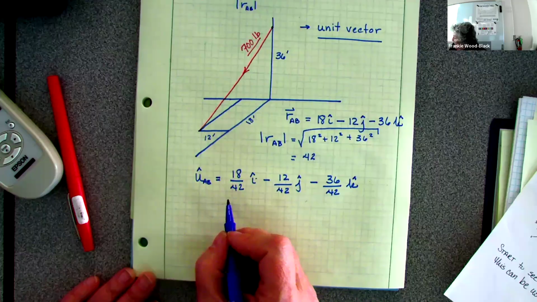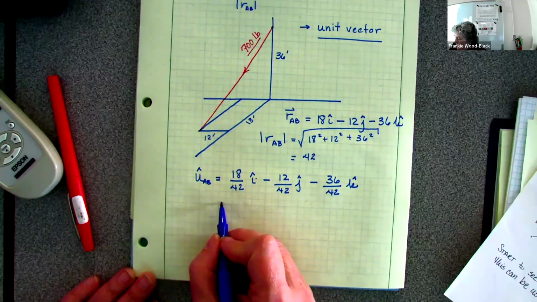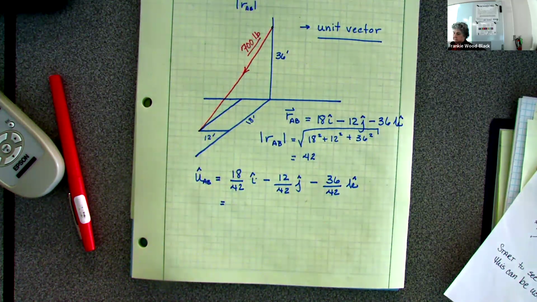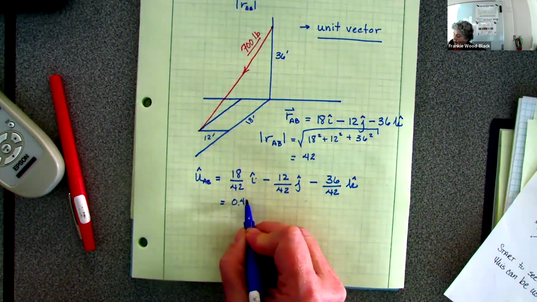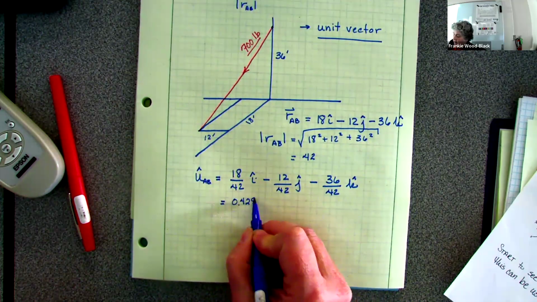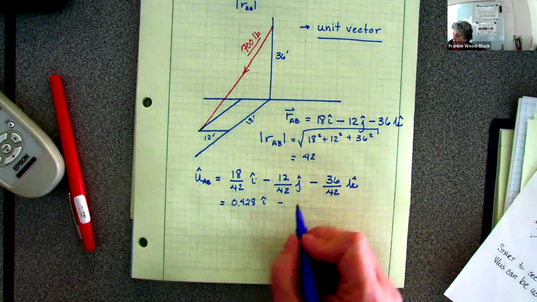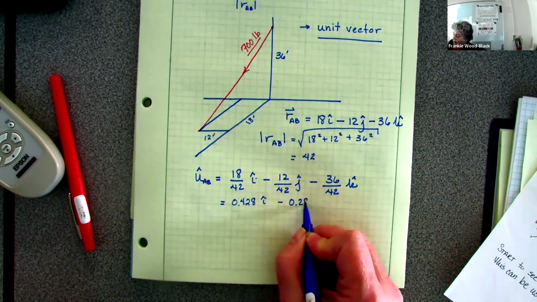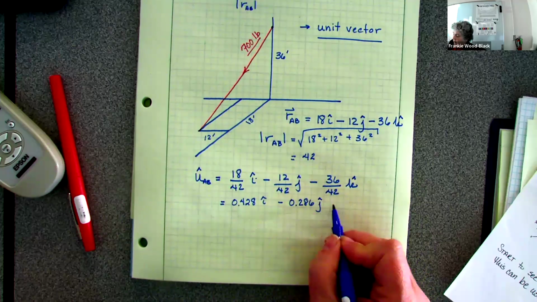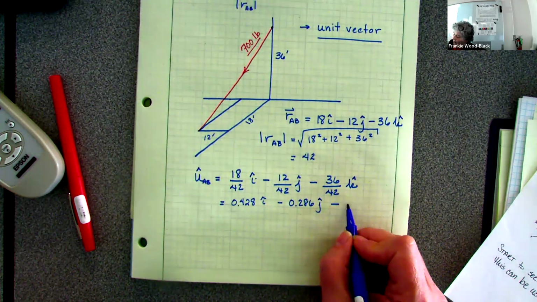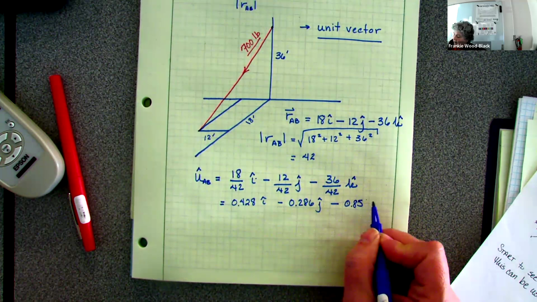And if I do that, 18 divided by 42 is 0.428, 0.286, and 0.857.